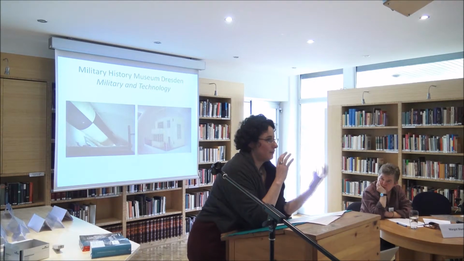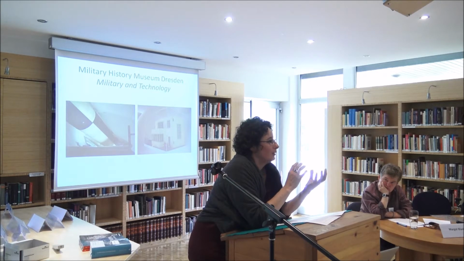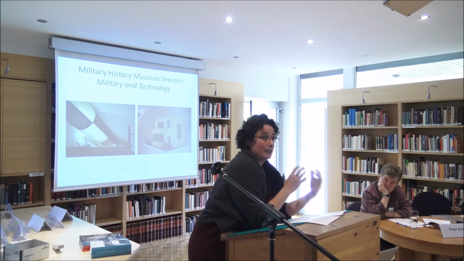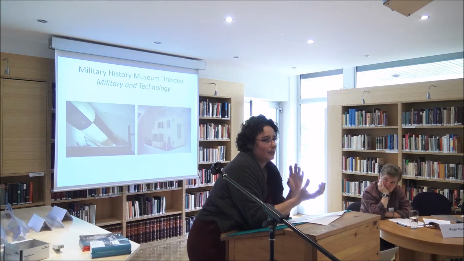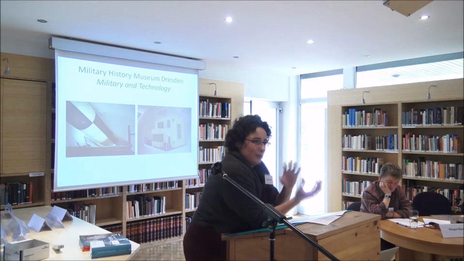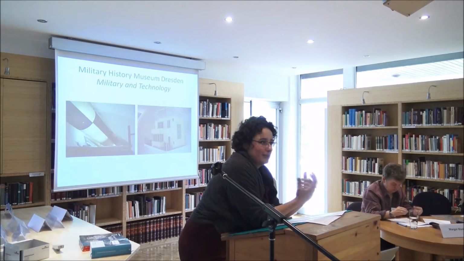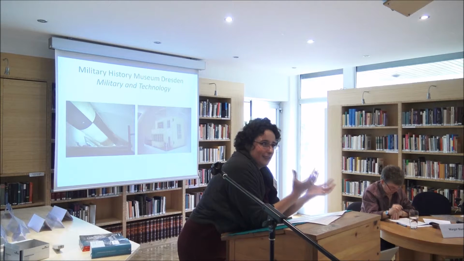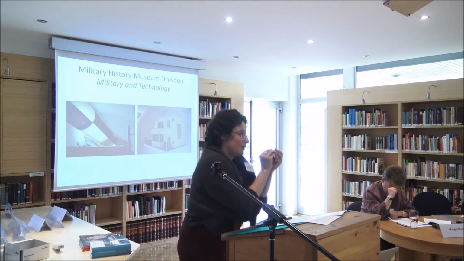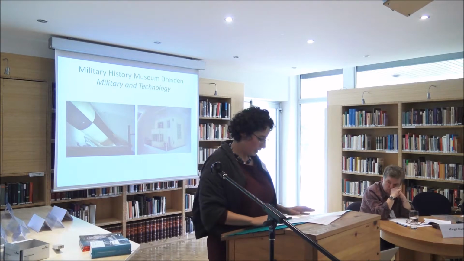So in a way you have one object and you show different readings of it. Yes, you can say it's part of technical history and it was a big technical achievement. On the other hand, you can look at it from another perspective, and then it's part of terror, and it caused destruction. So it's one object that's being read from different perspectives.